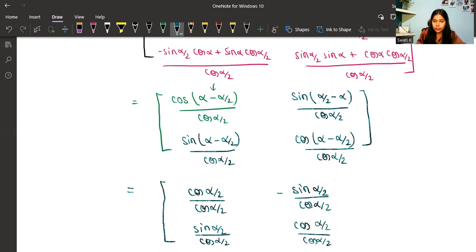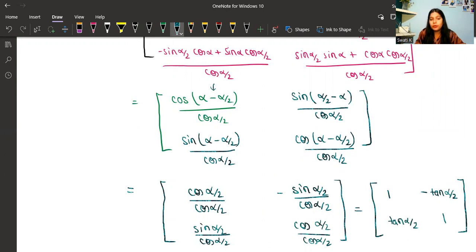Now this is looking so simple. This is of course 1, this is minus, we know that sin alpha by 2 upon cos alpha by 2 is tan alpha by 2, because that's the formula. This is tan alpha by 2 and this is 1, and you can see that this is what we wanted to show, that this RHS should be equal to the LHS.